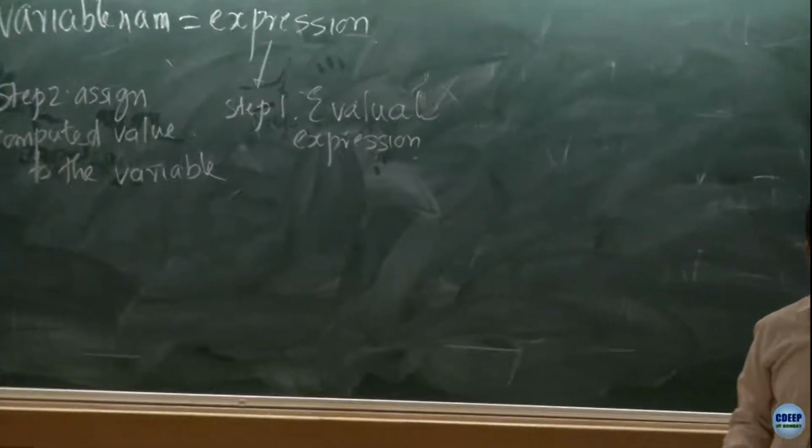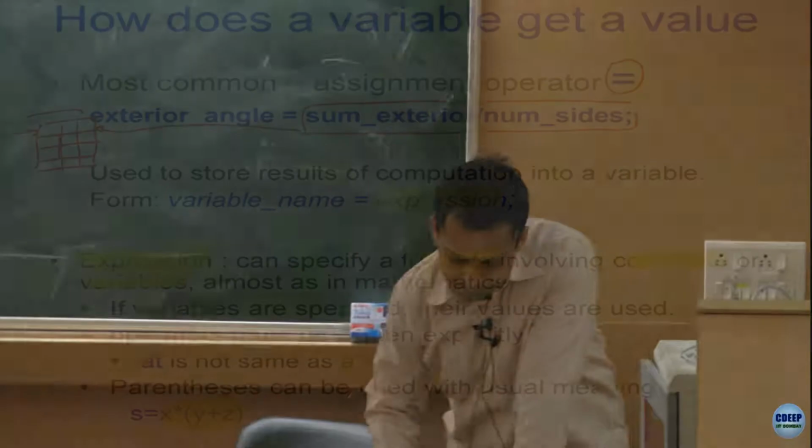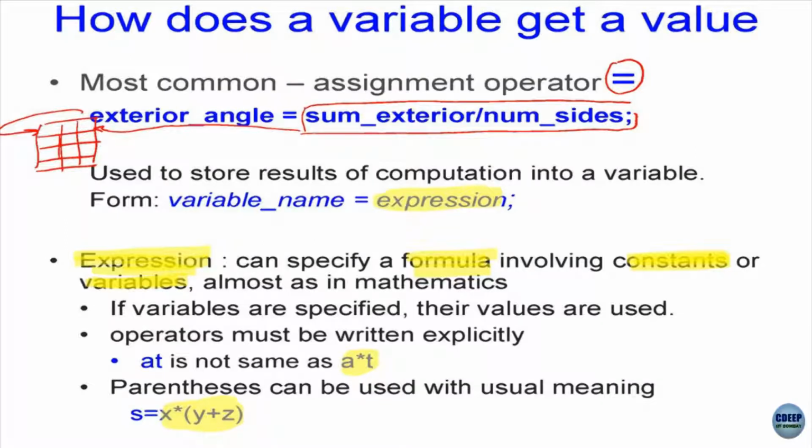Right, so the expression itself can be quite complex. The expression can specify a formula involving constants or variables. I showed you the example of u t plus 1/2 a t square. That entire thing is an expression. But you have to explicitly write down the operator into.